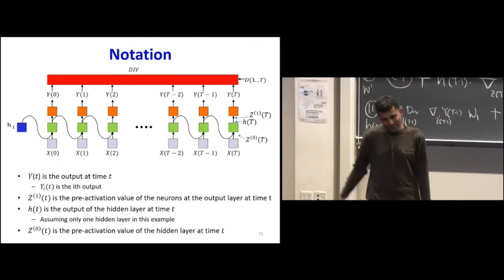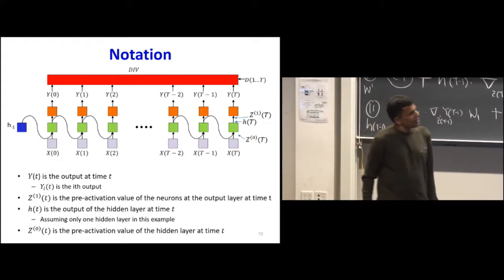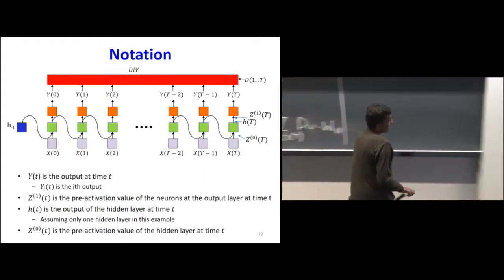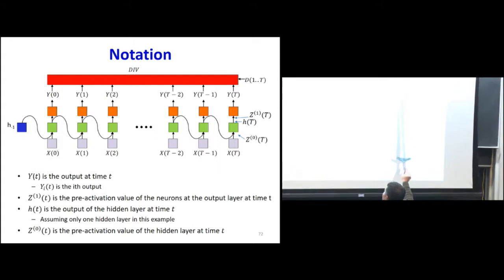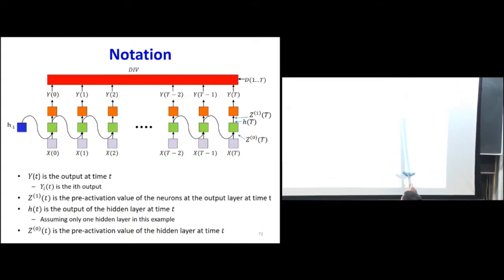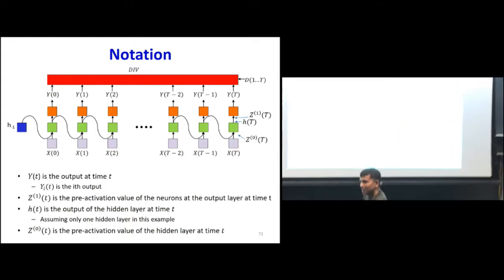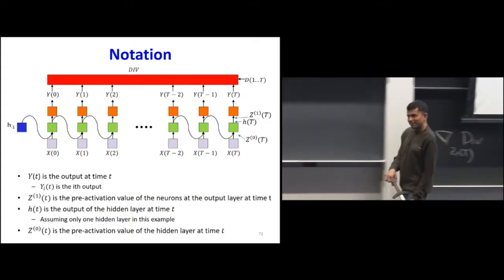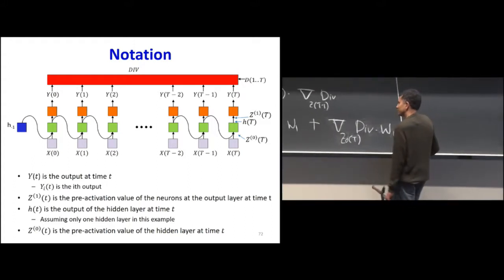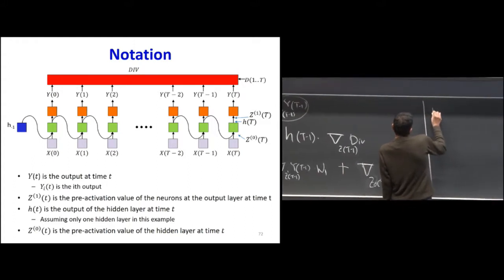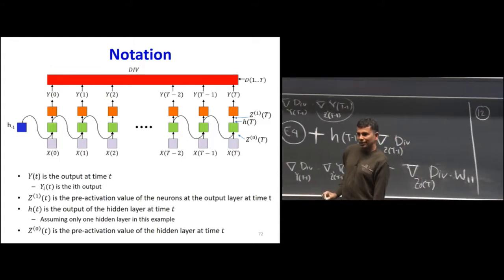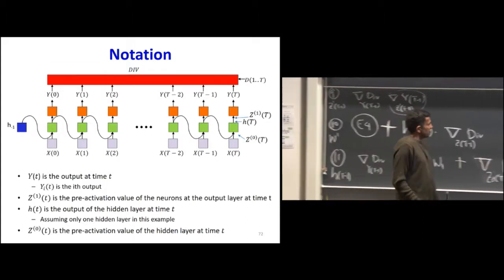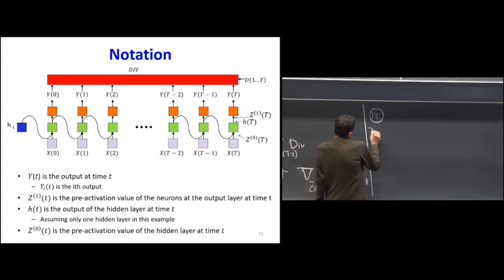I'm currently out here, so I'm going to have to work my way back to this point, right? So what is that derivative? Derivative with respect to z0 of t minus 1. And what is that going to be?